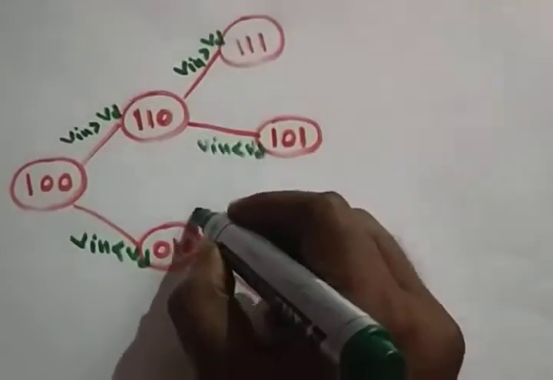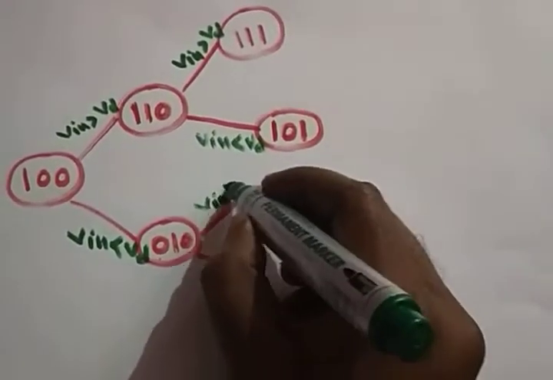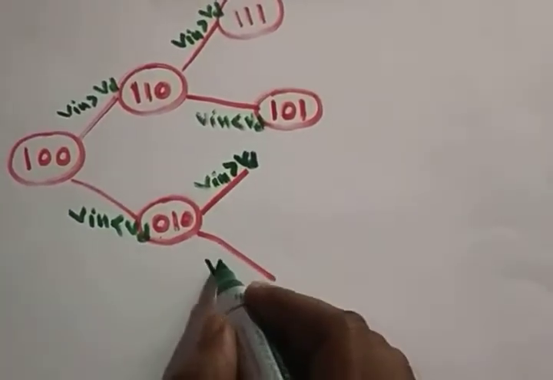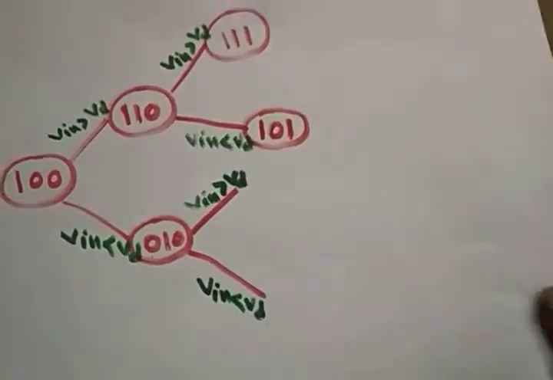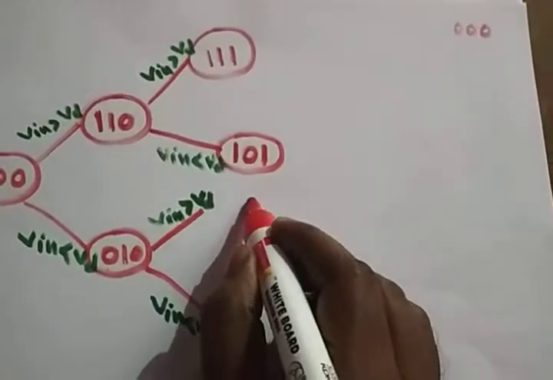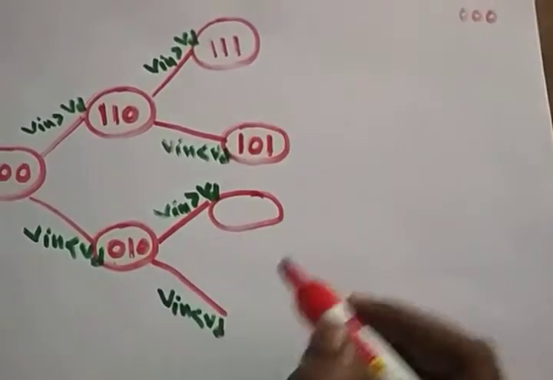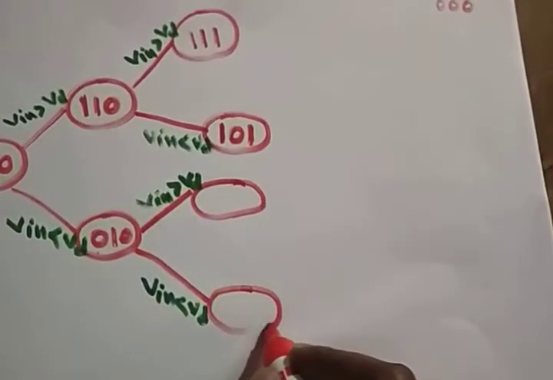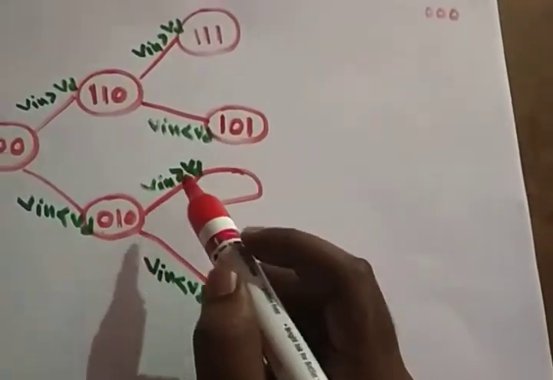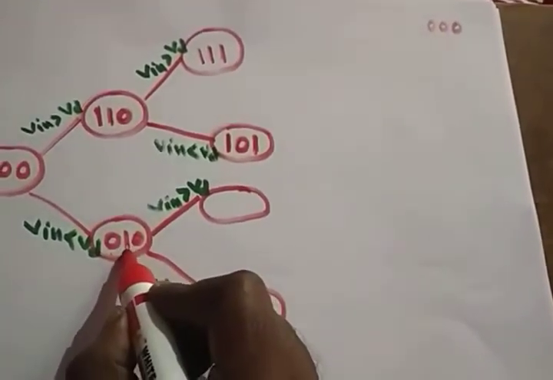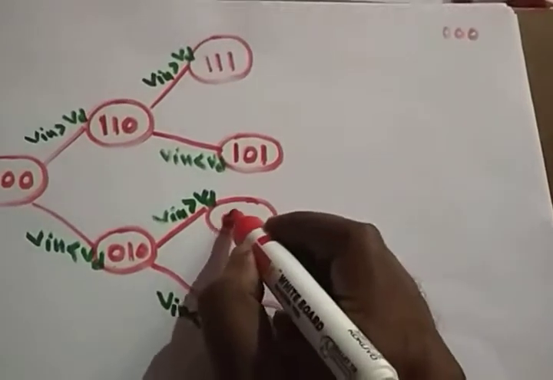Again here also 2 possibilities, right? What is the possibility? Vin greater than VD, and Vin less than VD. Definitely there will be 2 possibilities, right? If Vin is greater than VD, you are going to set the next bit. Whatever bit is set stays set, and the next bit is set now. So 0, 1, 1, alright.